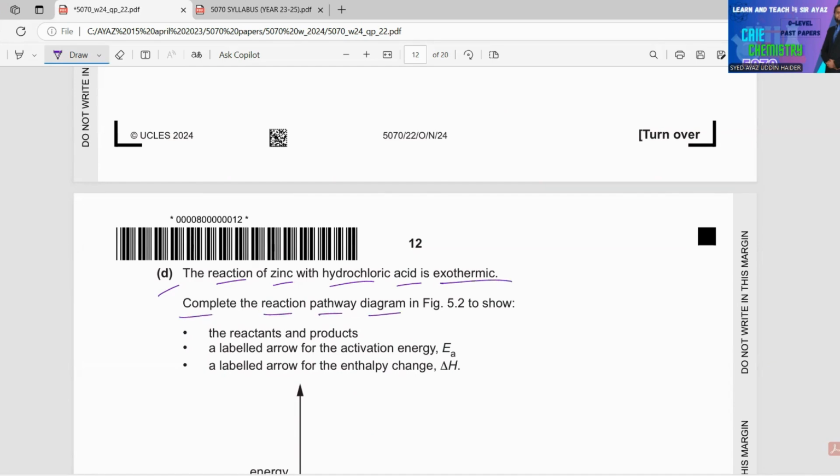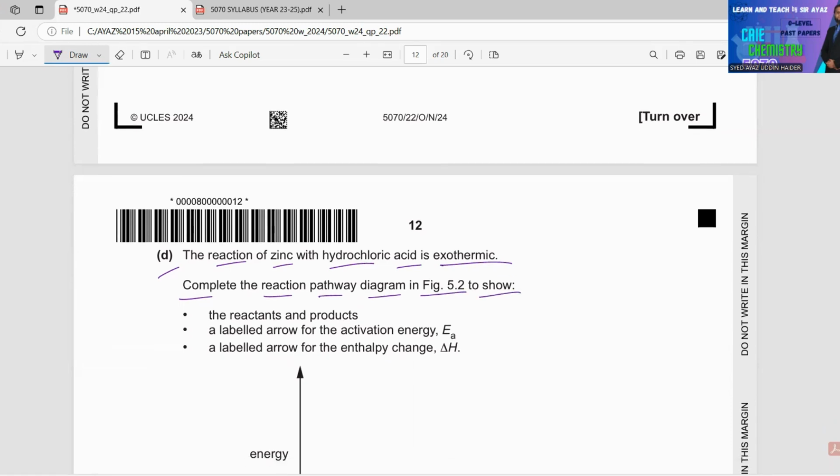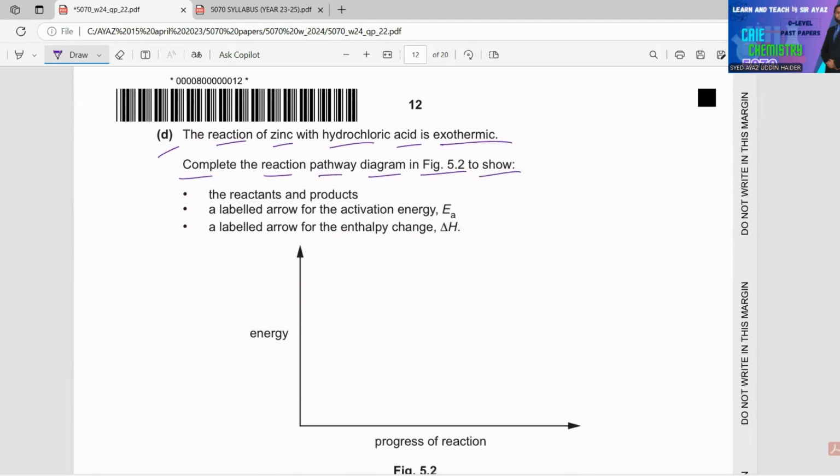Complete the reaction pathway diagram in figure 5.2 to show the reactants and products, a labeled arrow for the activation energy EA, a labeled arrow for the enthalpy change delta H. Remember, for the exothermic reaction, reactants are at a higher energy state than products, which means in case of endothermic reaction, reactants will be at a lower energy state than the products.